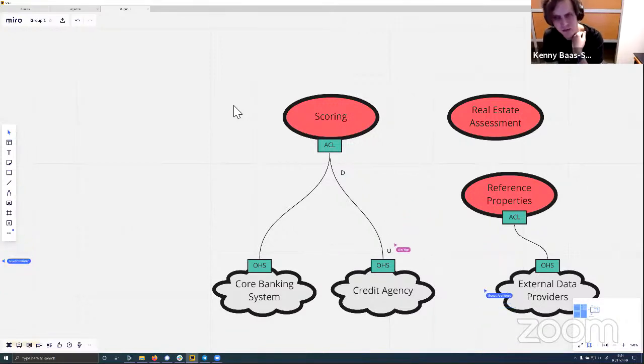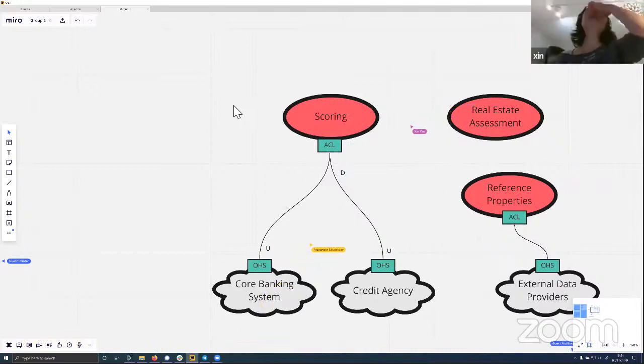So an anti-corruption layer doesn't per se mean translation, and it doesn't mean that a customer supplier cannot do a translation. So just so you know. Okay. Yeah. Understood.